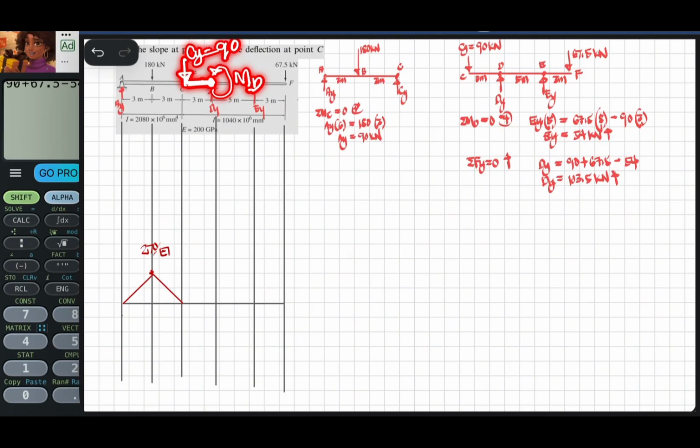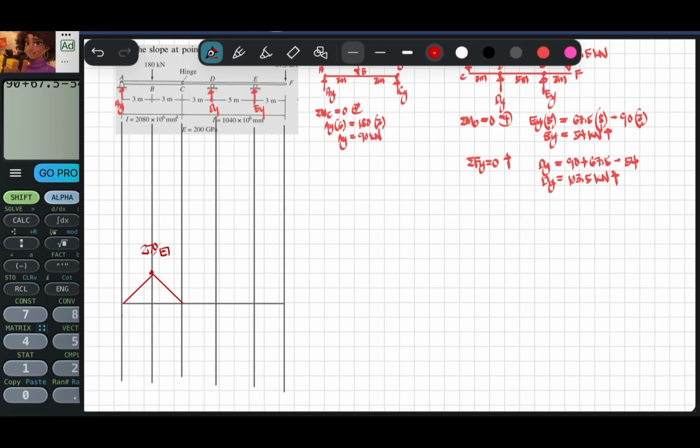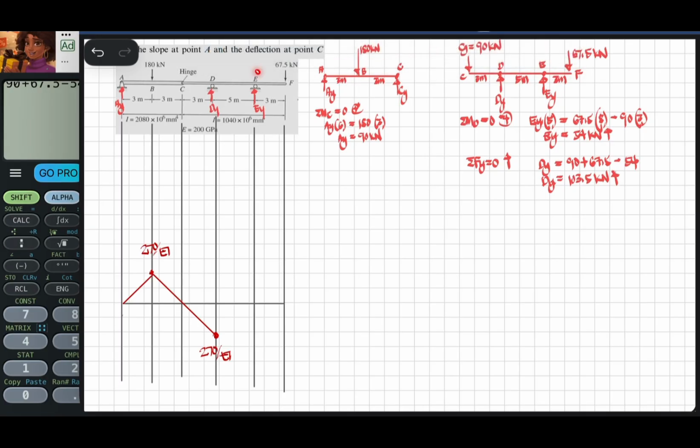So the summation of moment at D is 90 times 3, but downward, so we have 270 over EI.